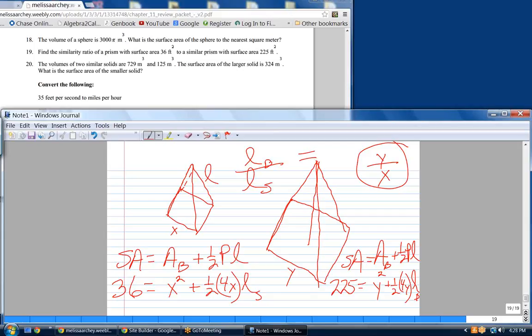We know that y divided by x is the same as big L divided by little l. So if we can solve big L divided by little l as a number, we'll be home free. All right, let's just proceed with what we know.